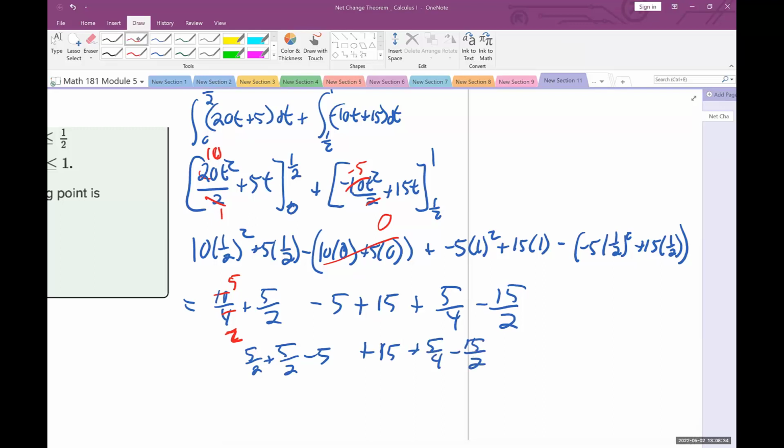I think we see right here, those go away. 15 minus 15/2 is 15/2 plus 5/4. Okay, so it's 30/4 plus 5/4, 35/4, which is 8.75.